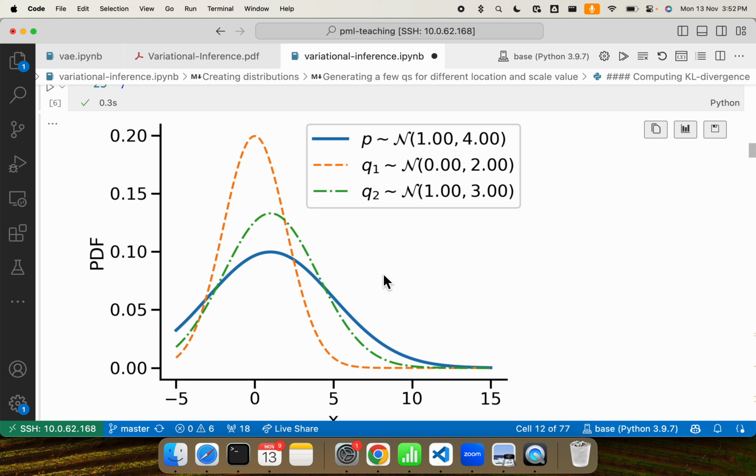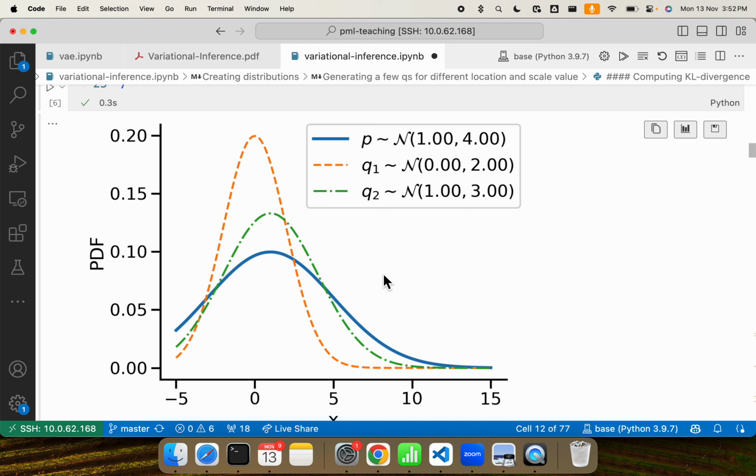Why do you say that? Mean is at the correct place and it's much more flattened compared to Q1. Q1 is much more steep while the P is quite broad. Okay, good.